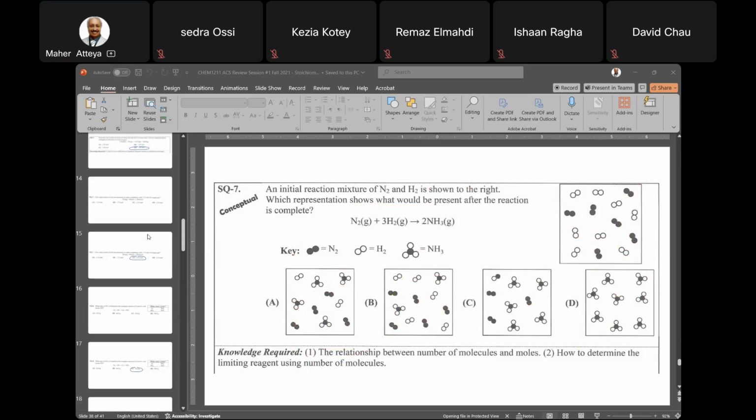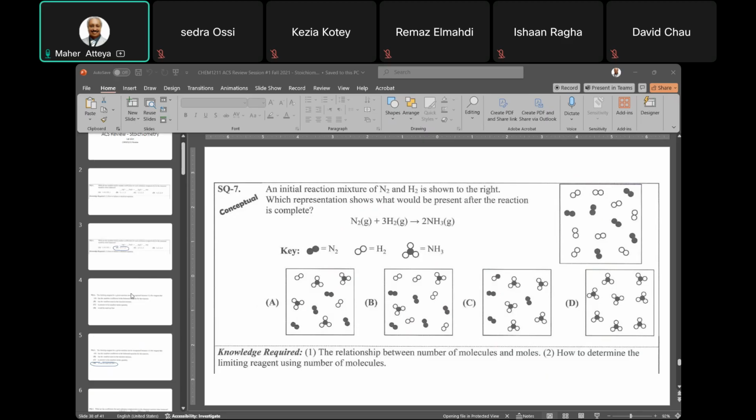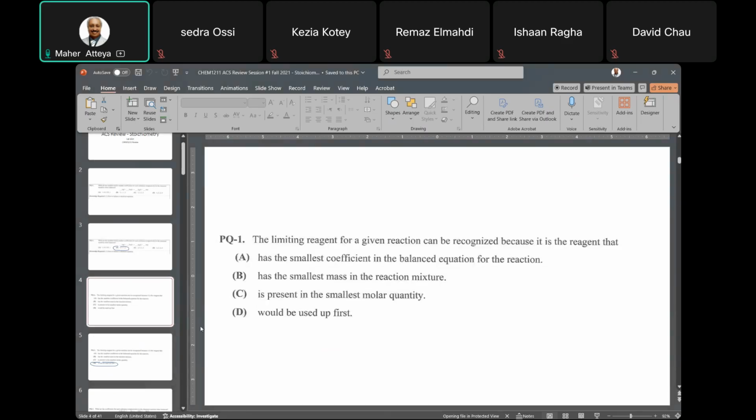The limiting reagent for a given reaction can be recognized because it is the reagent that... Look at all the multiple choices and tell me which one is correct. I'll give you 1 or 2 minutes, so tell me which one is correct.